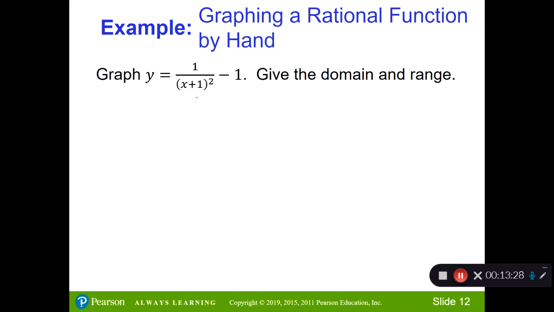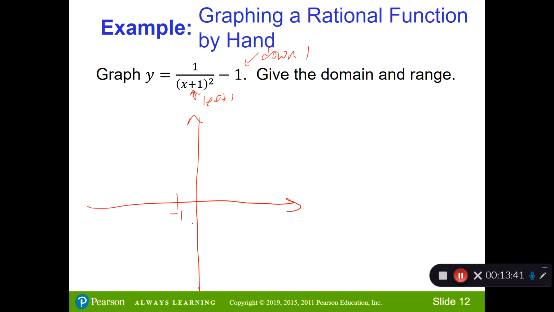Okay, let's look at this one. We are shifted left 1 and down 1. All right, so if I go left 1, down 1, I'm moving my vertical asymptote here and the horizontal asymptote here, and redrawing my figure through that. Now, by the way, where is my y-intercept? Plug in the 0, and I get 1 over 1, minus 1, which is 0.